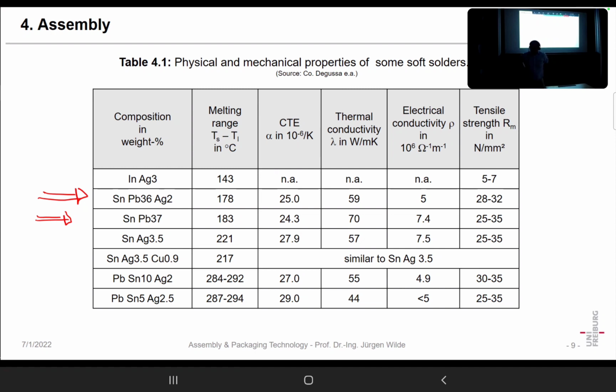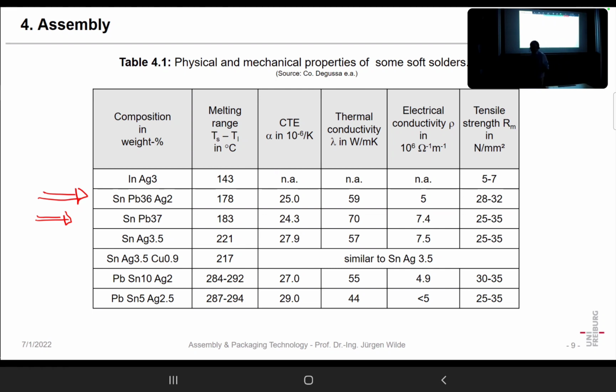And in that way, we can have low melting point alloys. Over the years, there was always demand for low melting point alloys when you have sensitive devices which don't tolerate high soldering temperatures. But that's only, let's say, a small fraction of the market.